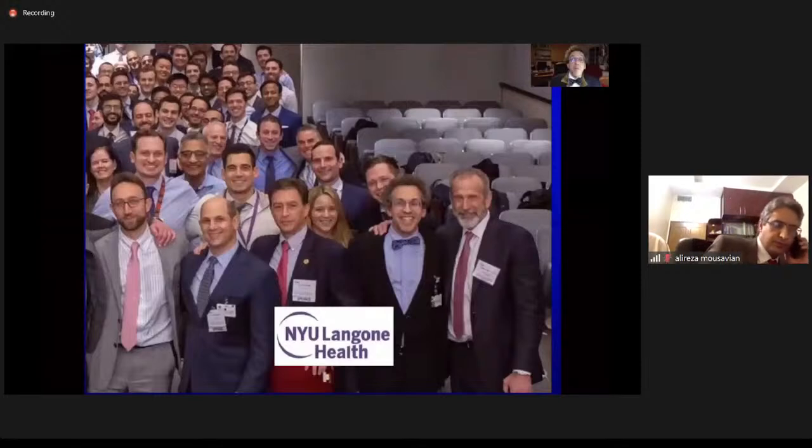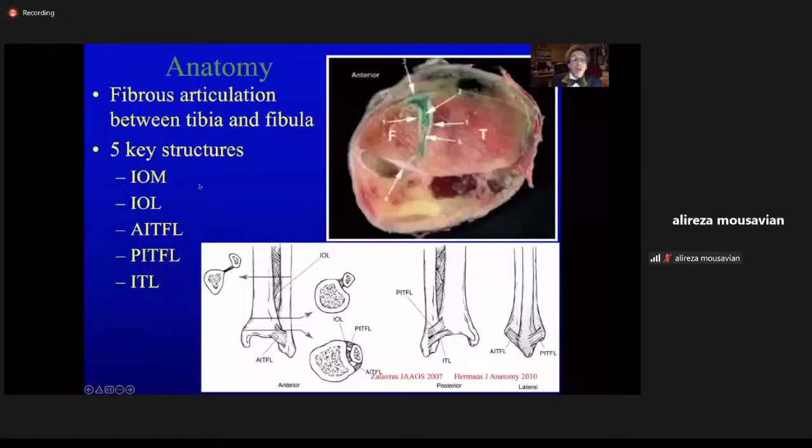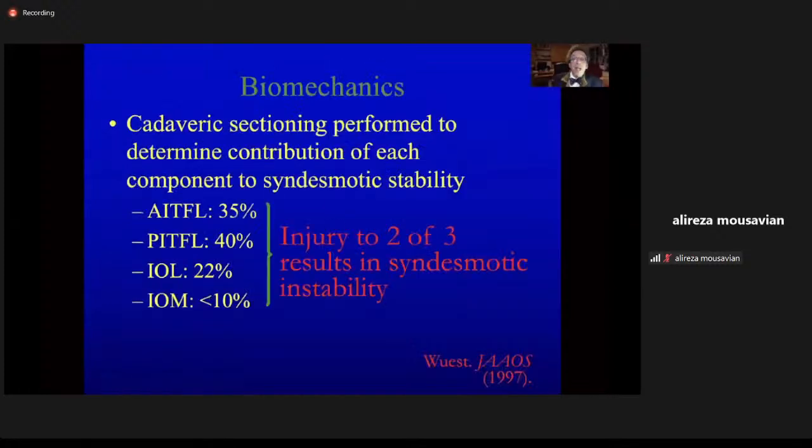Well, the anterior tibiofibular ligament does about 35%, and the posterior tibiofibular ligament does about 40%. The interosseous ligament and the interosseous membrane also contribute, but less so. Injury to 2 of the 3 results in syndesmotic instability.